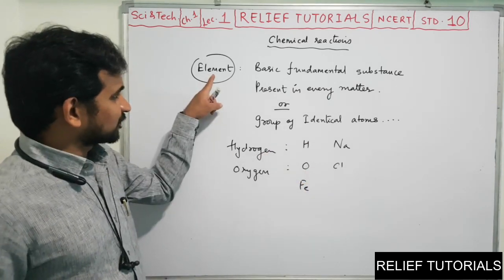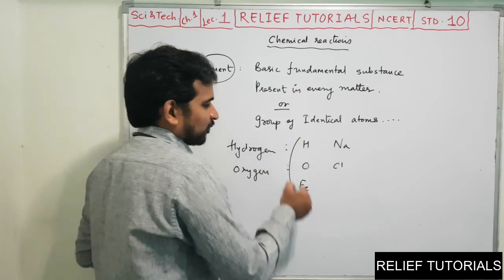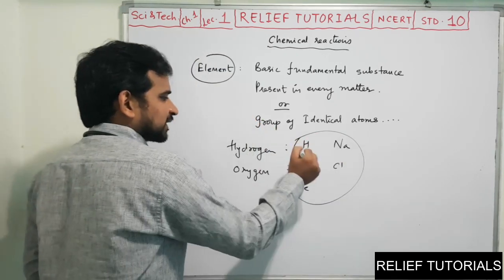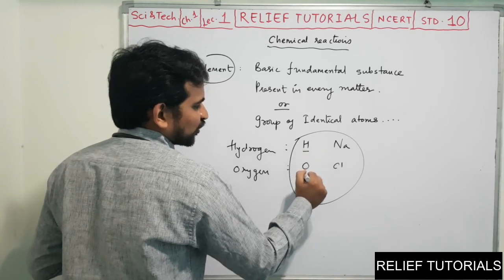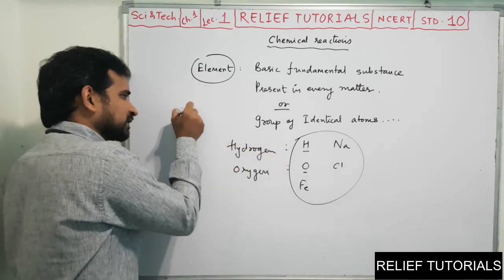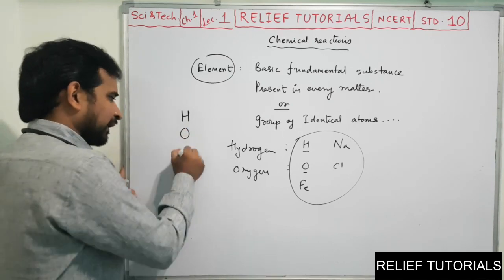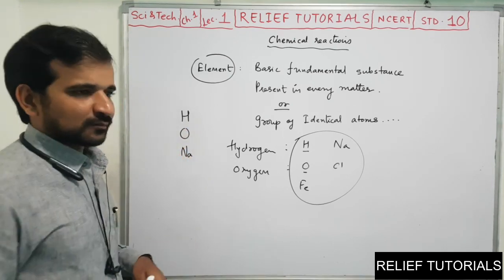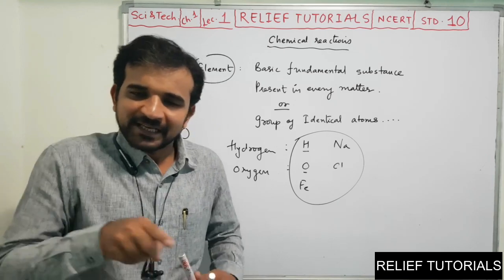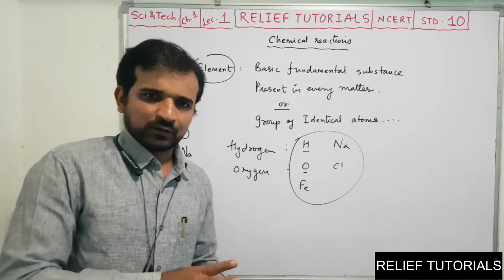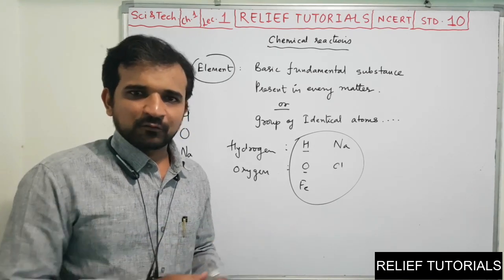Every element is represented in its atomic form, by H, O. What do you mean by H? H means one atom of H. O means one atom of O. Na means one atom of sodium. Cl means one atom of chlorine. Ar means one atom of argon. Mg means one atom of magnesium.